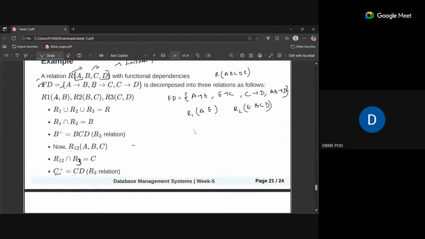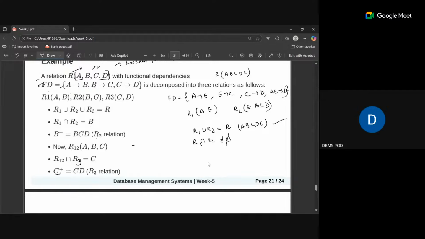The first condition is if you take R1 union R2, it should be R. So if you take it here, the union will be A, B, C, D, E, which is nothing but equal to R. The first condition is satisfied, right? Yes, sir. The second condition is there should not be a null set, that is, it should have a common attribute.